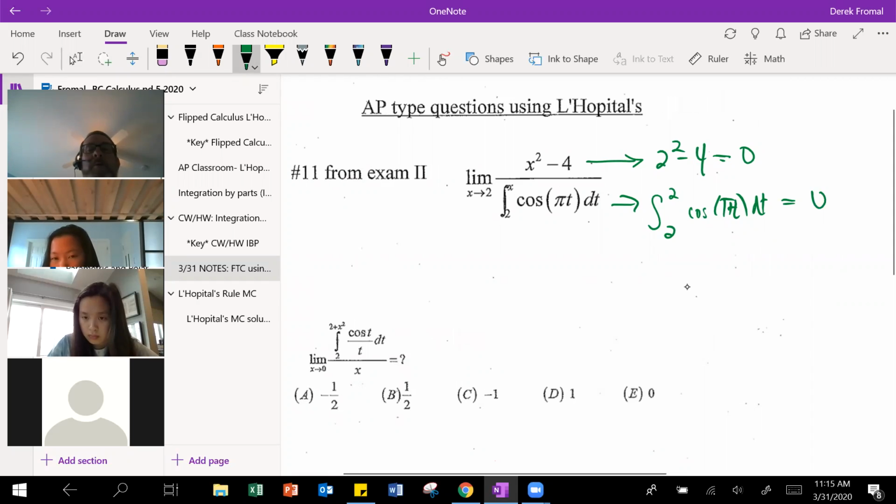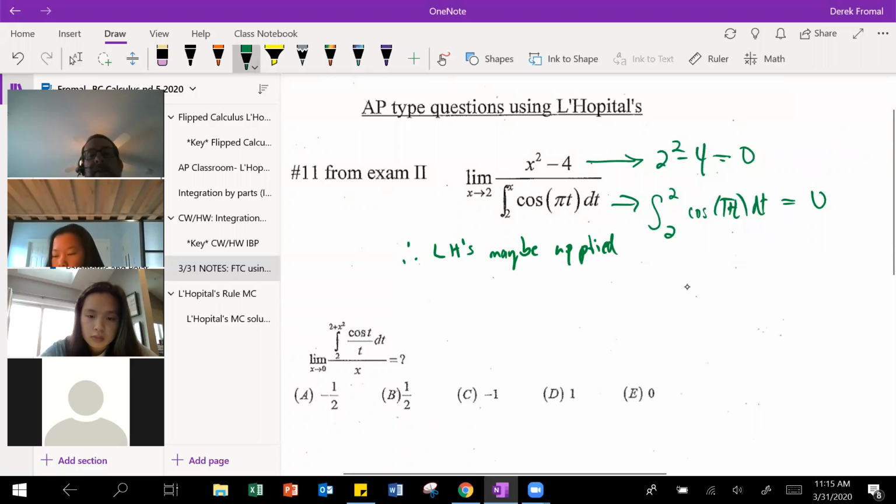So we don't want to say it's equal to 0 over 0. Instead, we're going to use the arrows, and then we say things like, therefore, L'Hopital's may be applied. And then once I say that, I can actually use L'Hopital's rule.